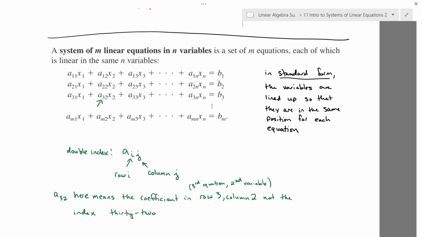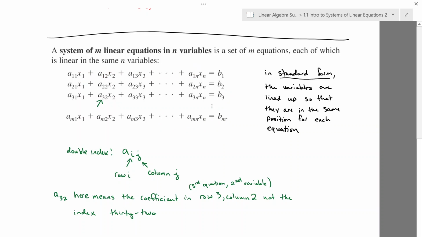At the bottom of this page, instead of having a single linear equation, we're putting together several different linear equations to form what's called a system of m linear equations in n variables. If you count going down, this is the first equation, second equation, third equation, and going down to the mth equation. Going across, you can count the variables 1, 2, 3, and all the way up to n.